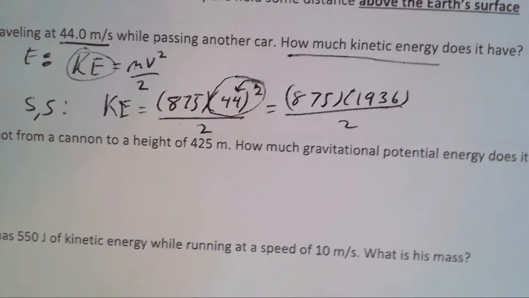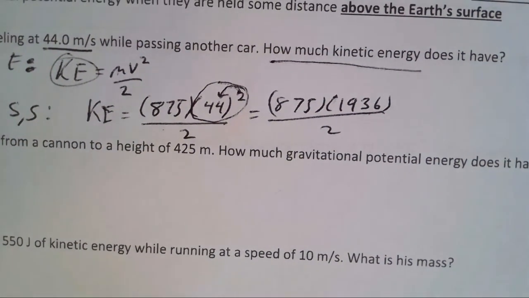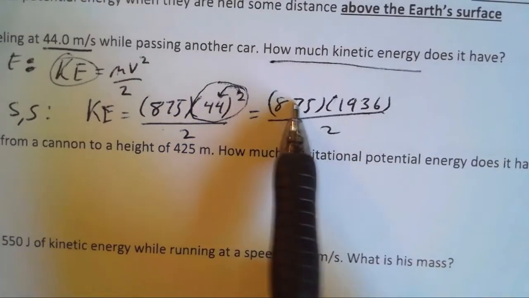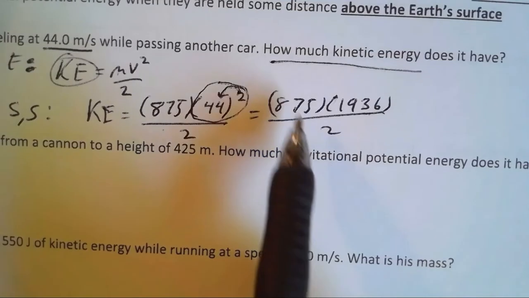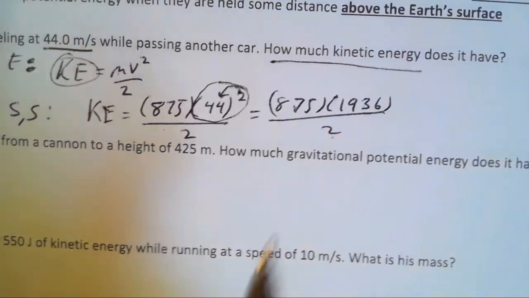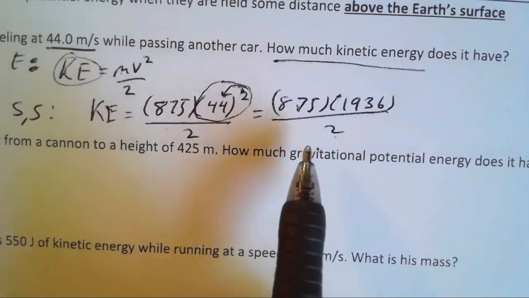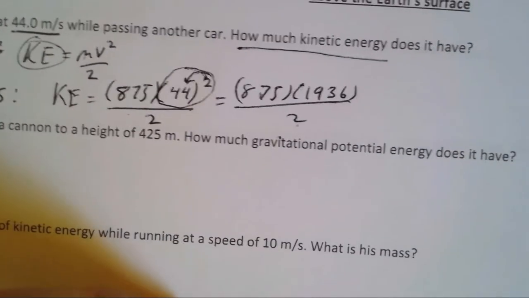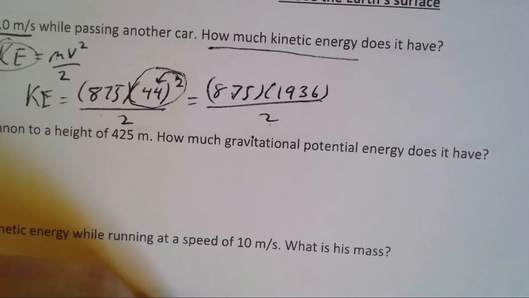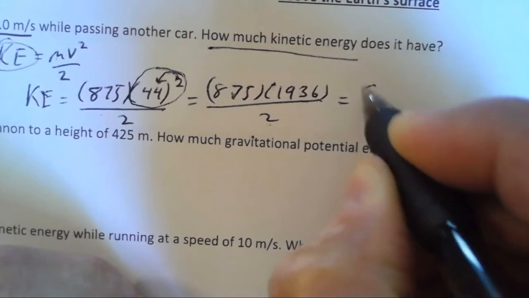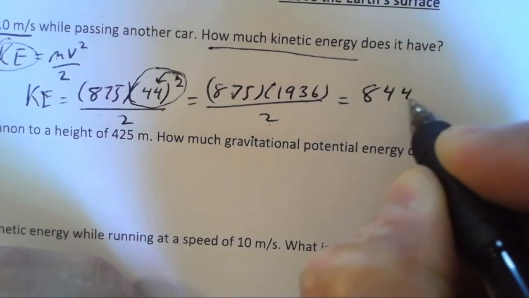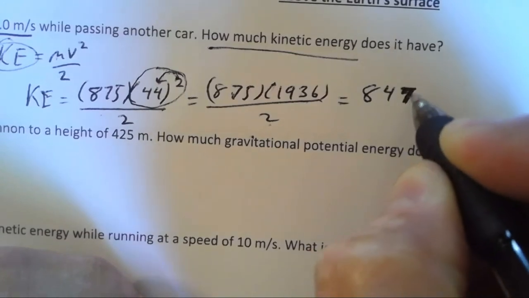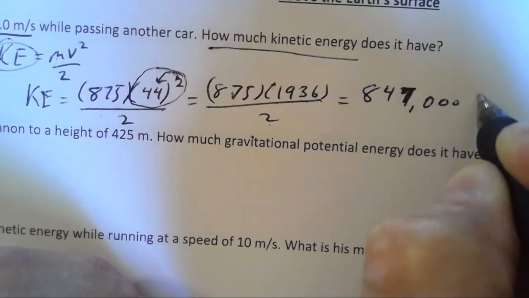And now we can multiply and divide, and it literally does not matter what order we do this in. You can do 875 divided by 2 times 1936, or 1936 divided by 2 times 875. It does not matter. You can do any of that, and if you do it correctly, you will get 847,000, and this is energy.